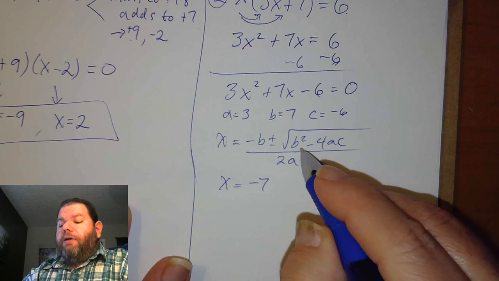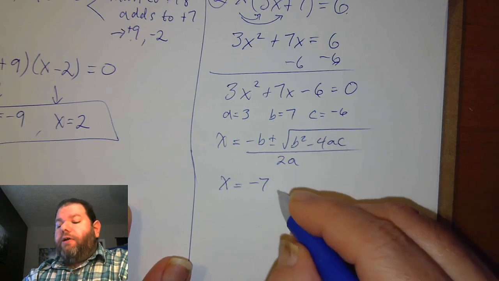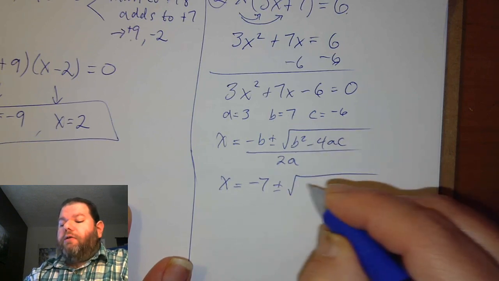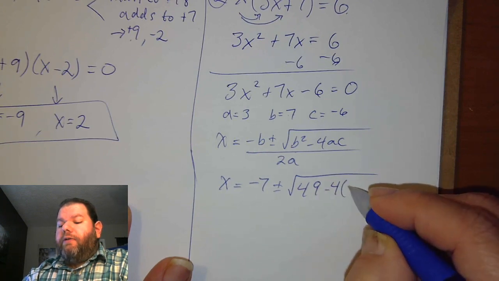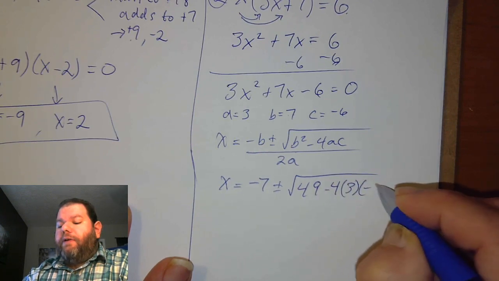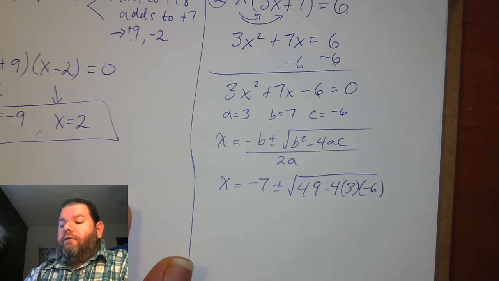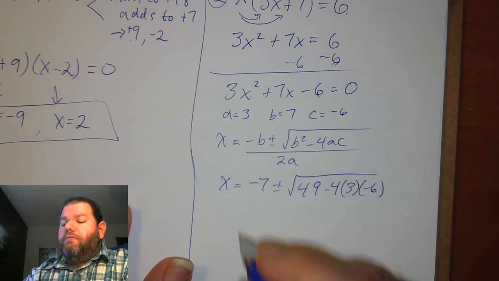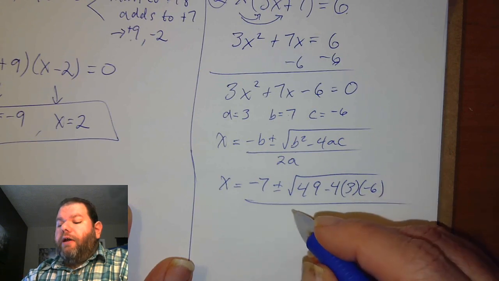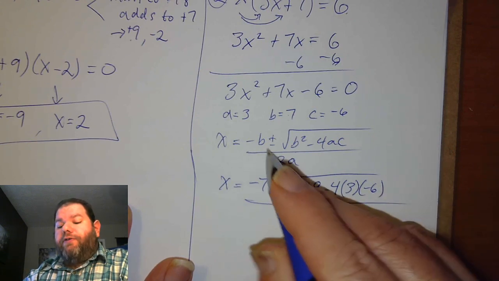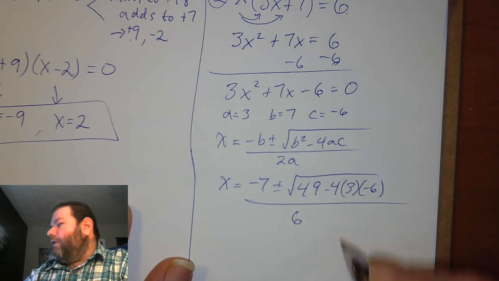B squared would be 7 squared, or 49. Minus 4. A is 3, and C is -6. And then we have 2 times A on the bottom, which is 2 times 3 is 6.